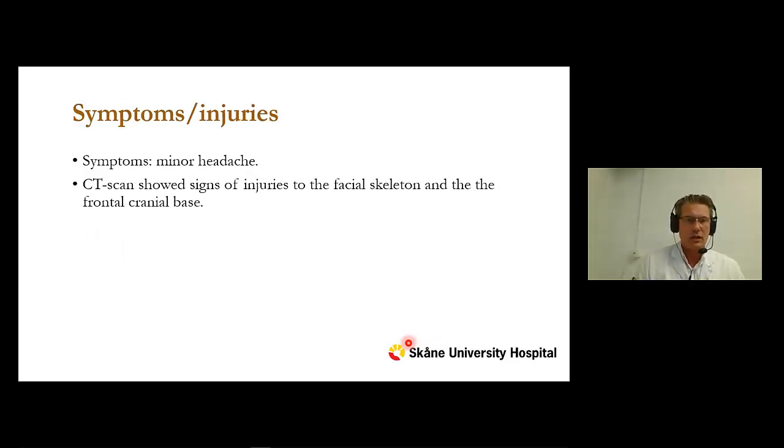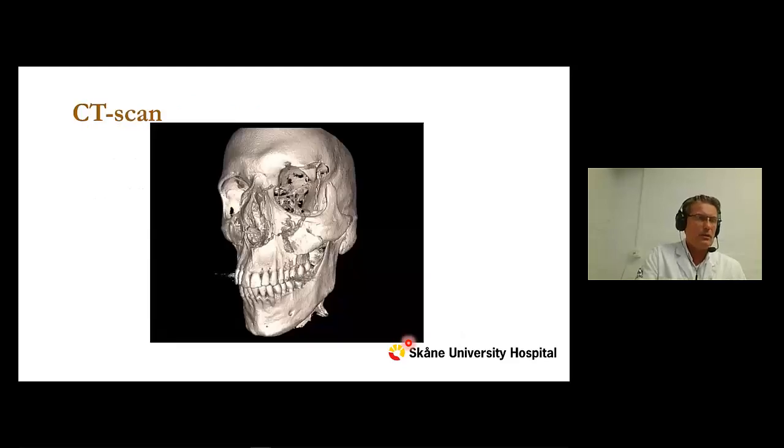The CT scan showed injuries to the facial skeleton and the frontal cranial base. This is a reconstruction. As you can see, the chin bone has a bigger offset than normal. The nose is also wider than normal, and the frontal bone is also rotated up here.